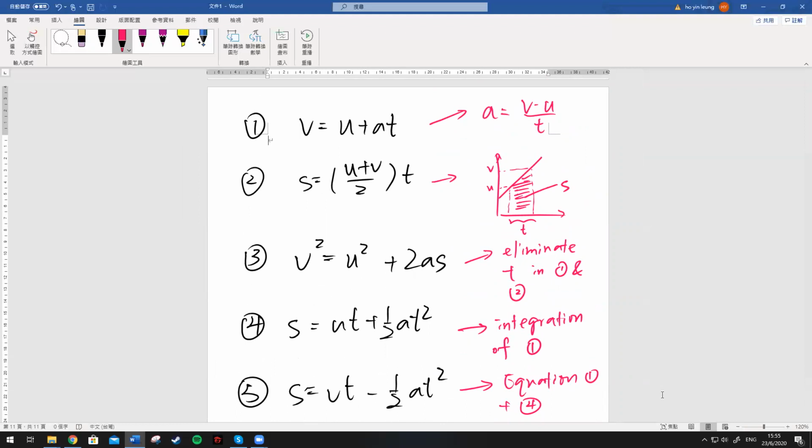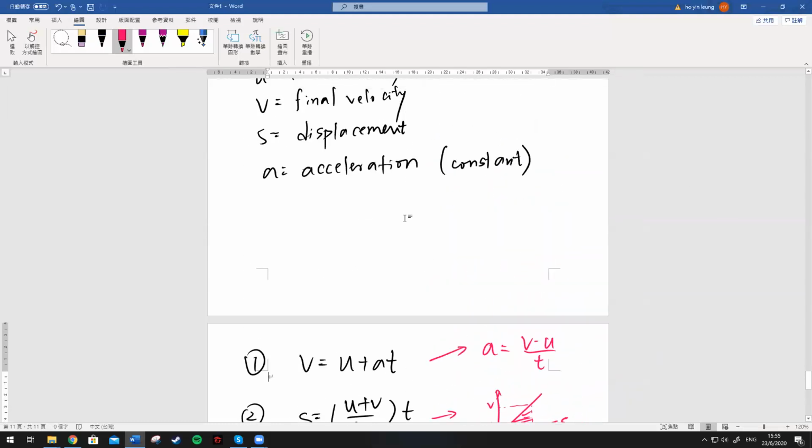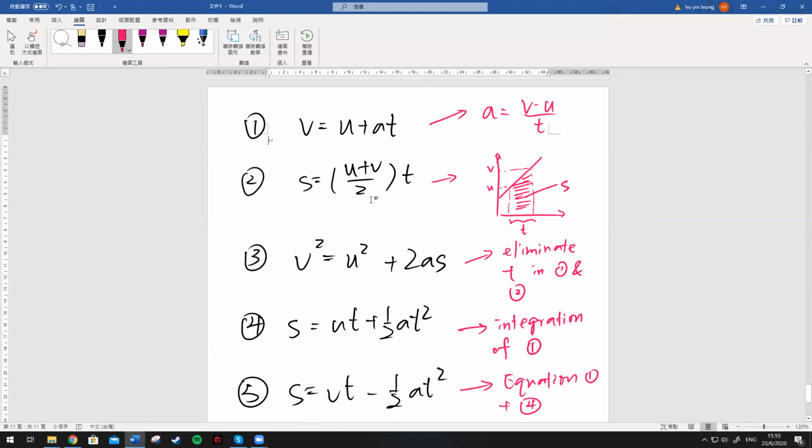So why do we have so many equations? Why don't we just use the previous method to find things? Well, because we don't want to draw a very complicated graph to calculate things.